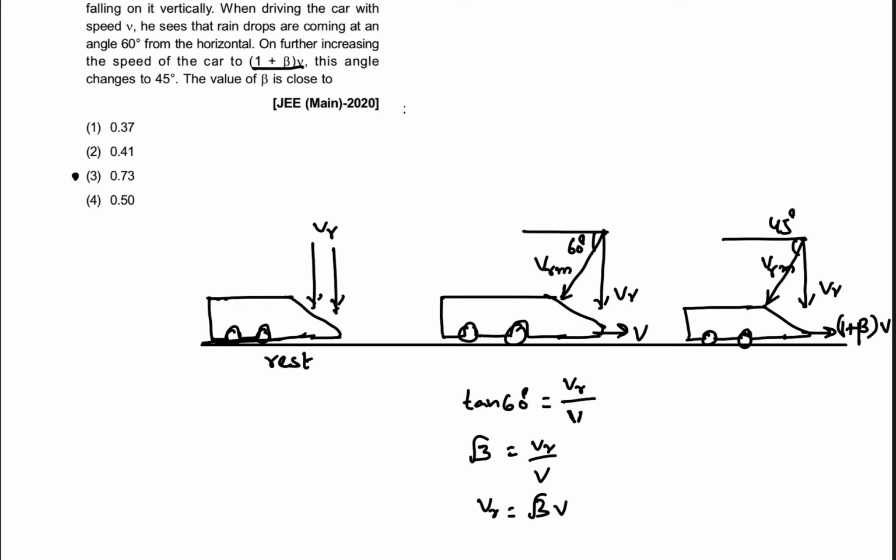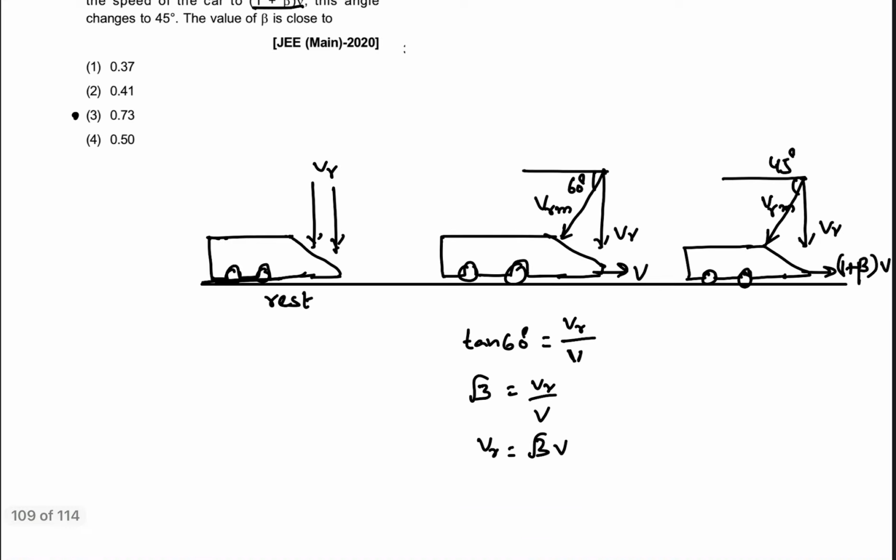Velocity of rain will be downward only. Now tan 45 degrees can be written as velocity of rain divided by the velocity of man, that is V into 1 plus beta.